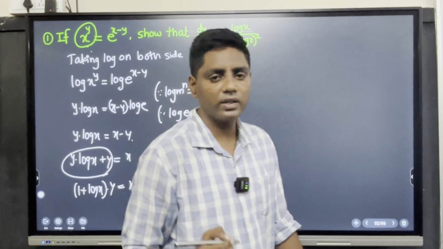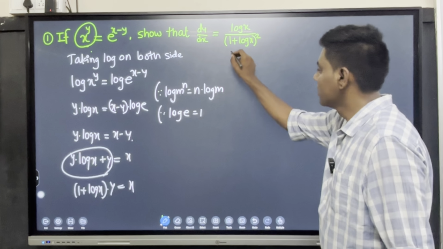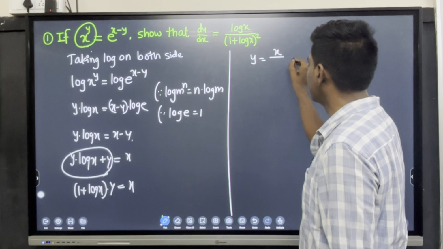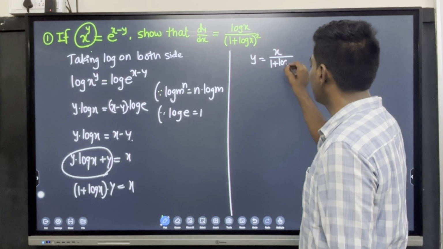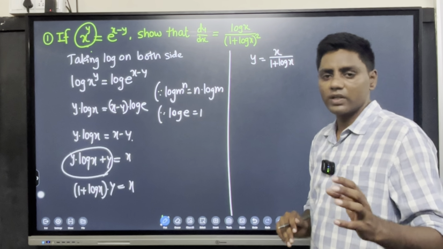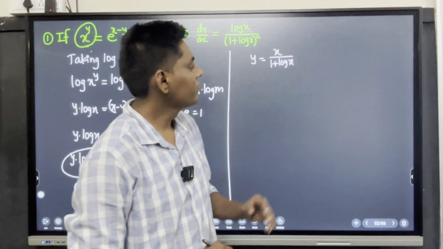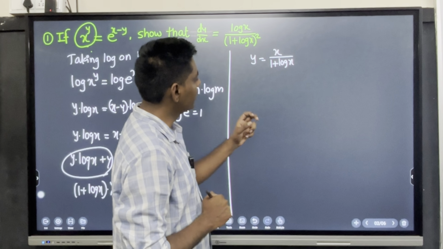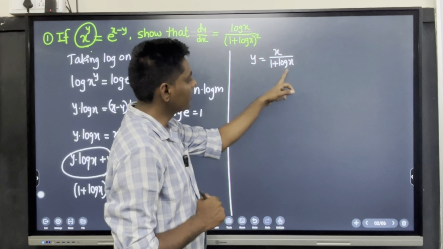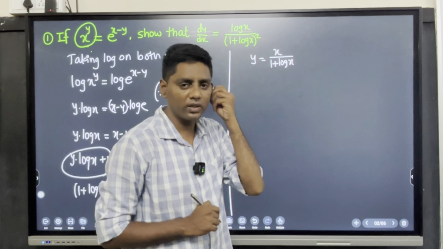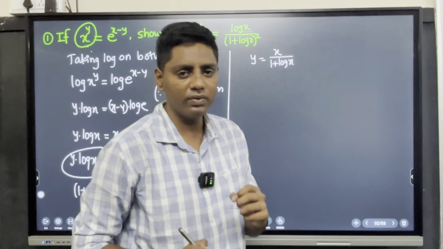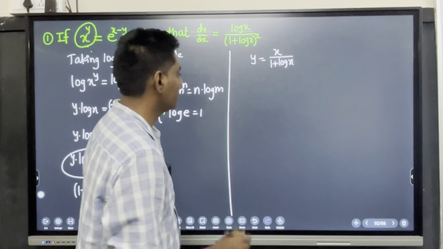So from here we get the value of y, y equal to x divided by 1 plus log of x. So this is the very simple. We convert y is the function of f of x, and clearly observation है x divided by 1 plus log x, numerator and denominator जे पण आहेत दोघं रेशो मध्ये आहेत, and we know that what is the property of division. According to that we solve.